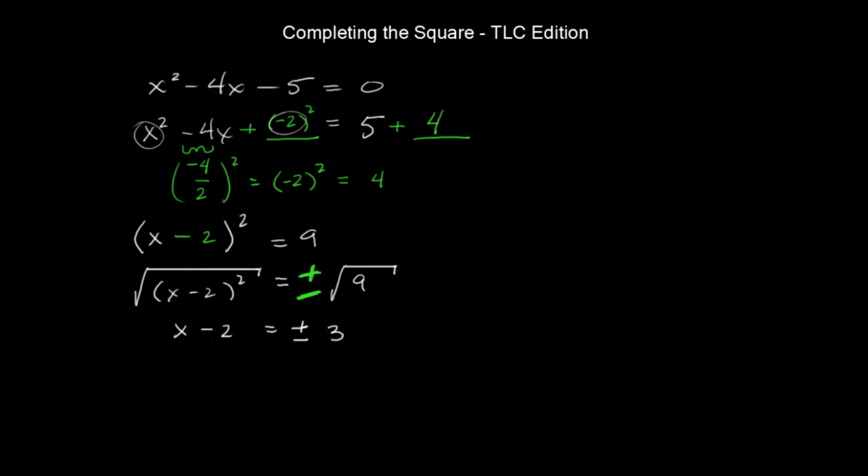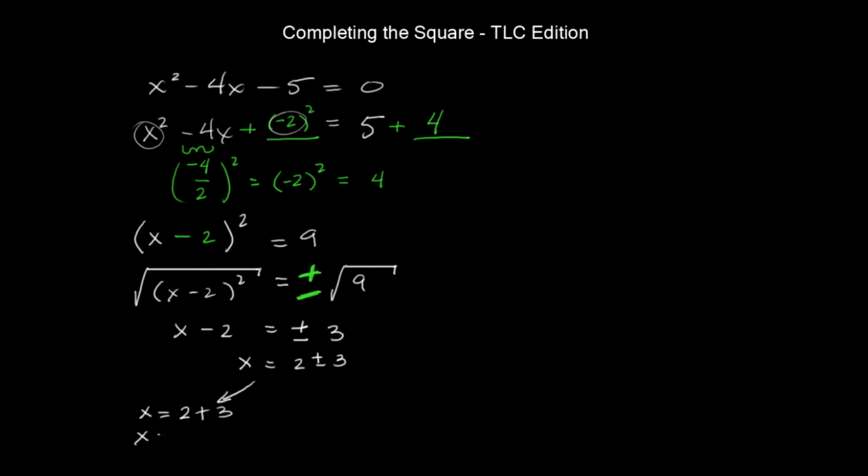Next step is to move this 2, or whatever you have, to the other side, okay? And so in that case, my negative 2 will become a positive 2. Okay, and now we're almost done. So we're going to have two solutions. We'll have x is equal to 2 plus 3.